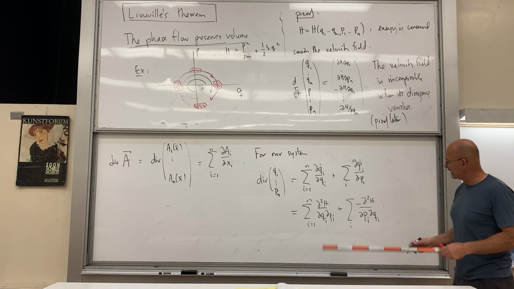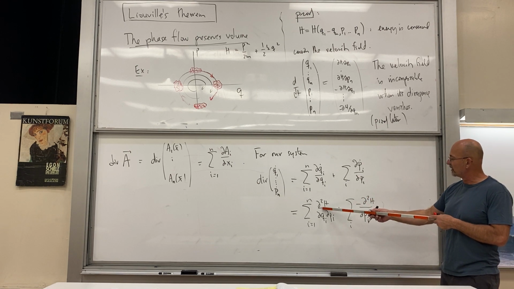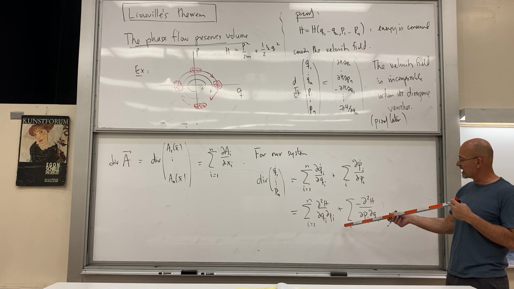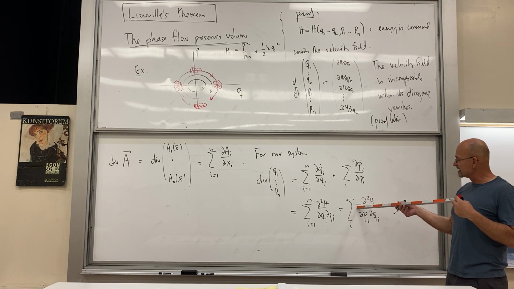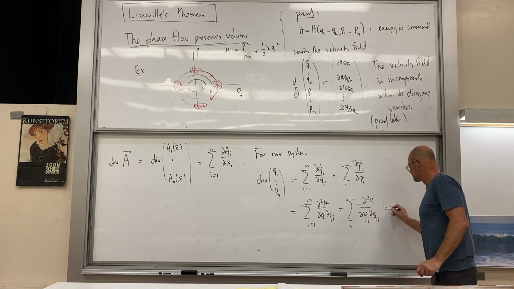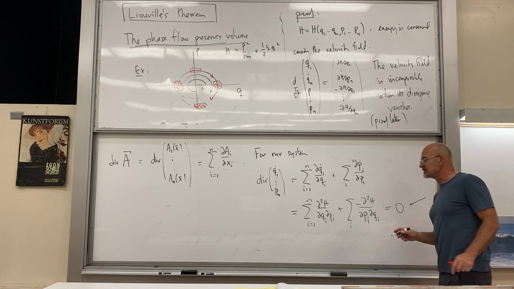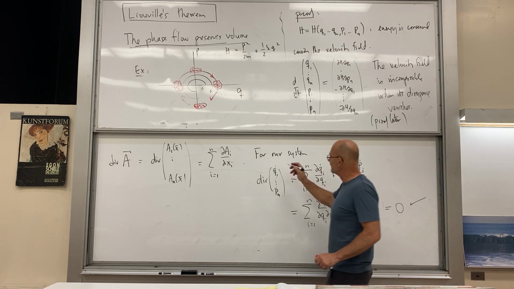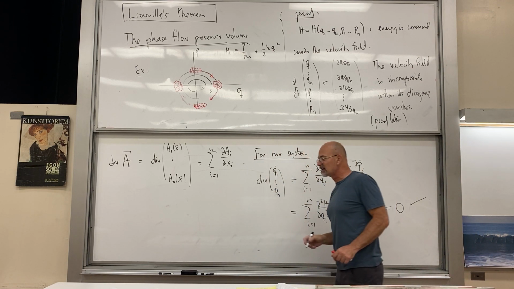And you'll see that these are the same as these over here. We're going to assume we can flip the order of differentiation with a minus sign, so that equals 0. So the divergence vanishes. I'll show later how that gives us incompressibility.